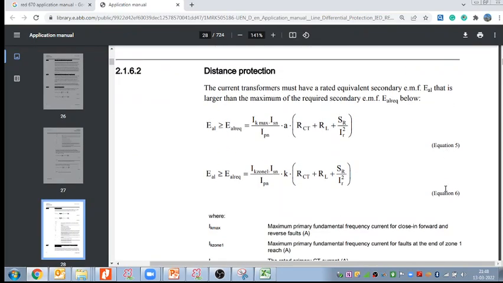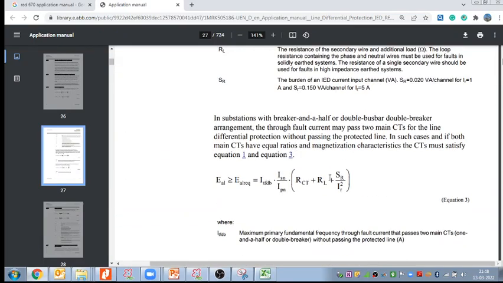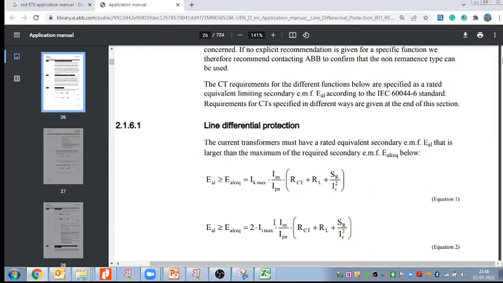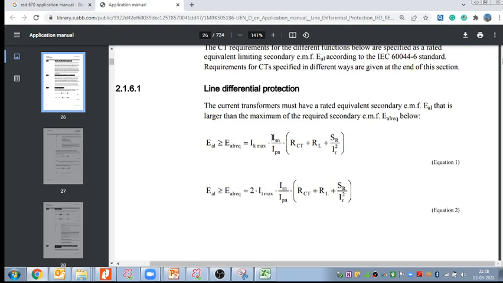Then equations 5 and 6, again IK max, ISN, IK zone 1, ISN, IPN. So in this calculation mostly we should know about the A, K, IK zone 1, and in the above equations we should know the IT max. If we know these values we can easily calculate the required knee point voltage.